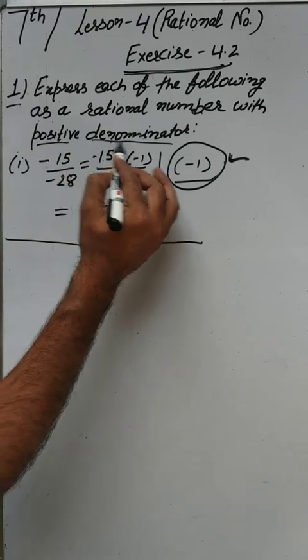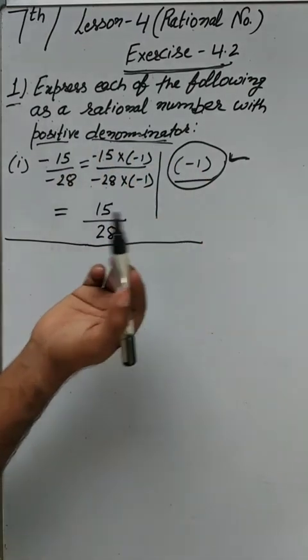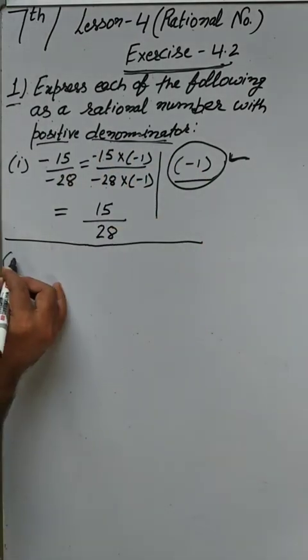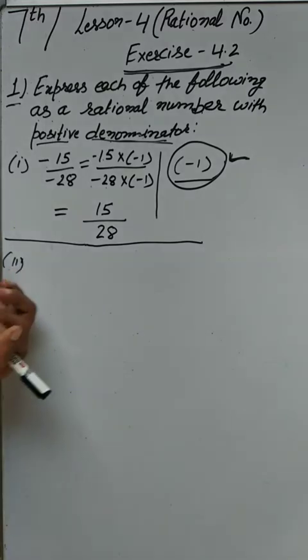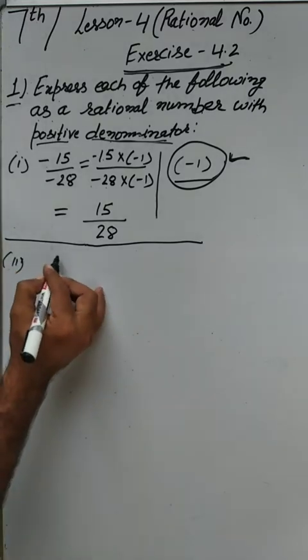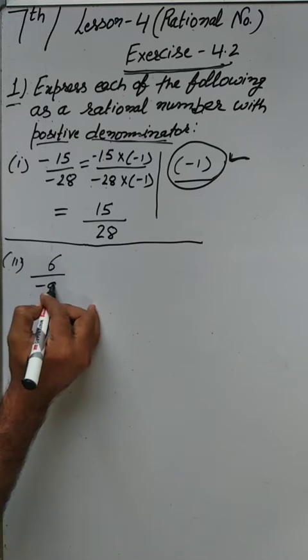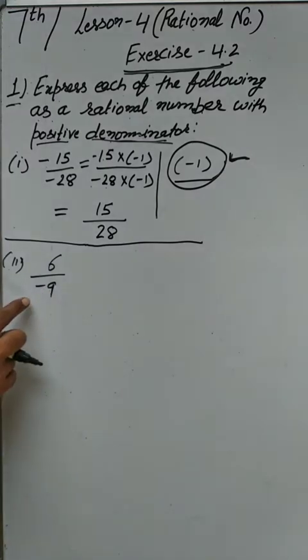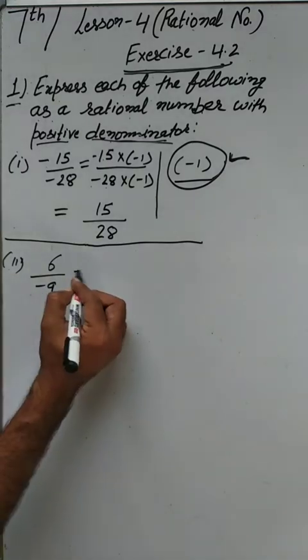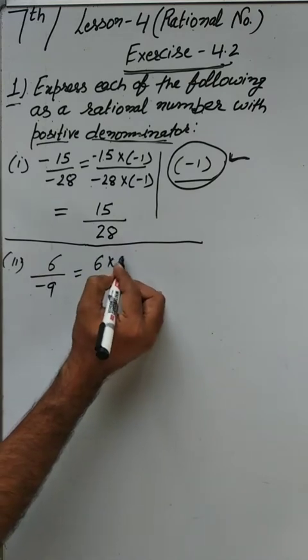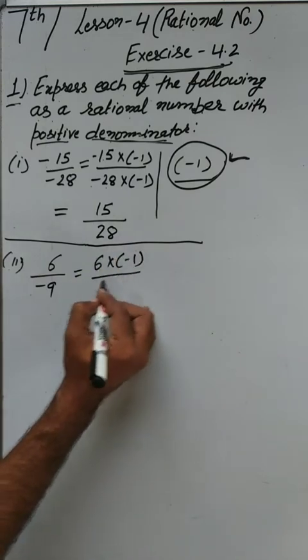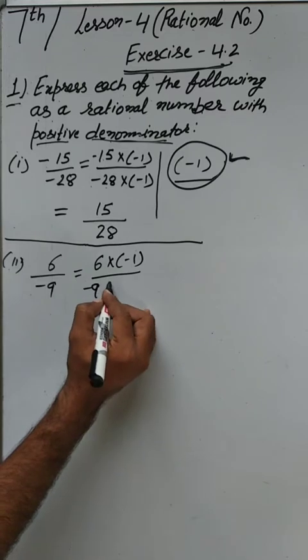Now here we want to change the sign of only the denominator. That is our question. Okay. Now the second part is 6 upon minus 9. Now I want to change minus 9 into plus 9. Same as the previous, multiply numerator as well as denominator with minus 1.